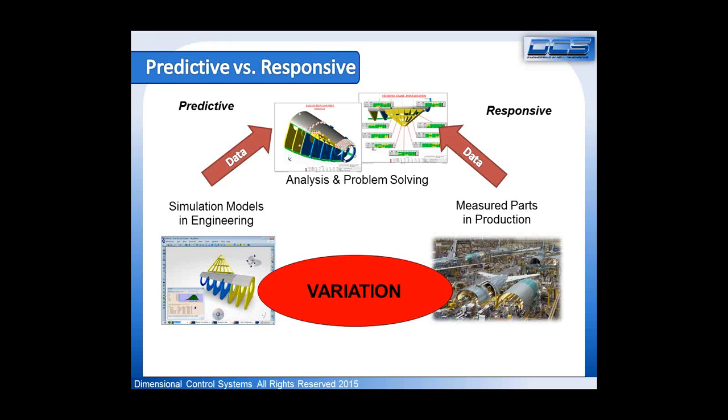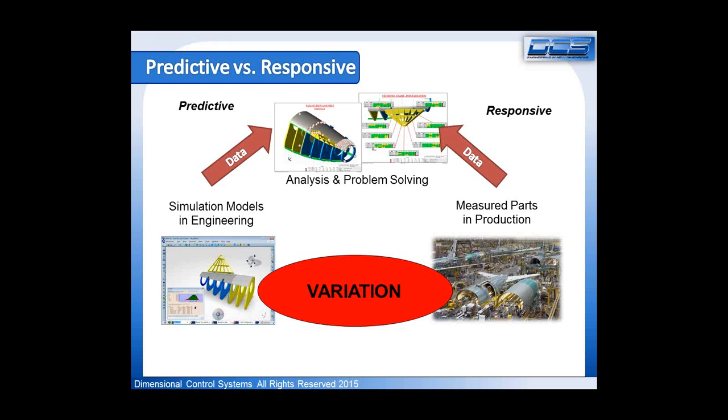Variation is ultimately the problem and challenge that everyone as a manufacturer deals with in terms of getting the product to build correctly and function correctly for the customer based on the intent.